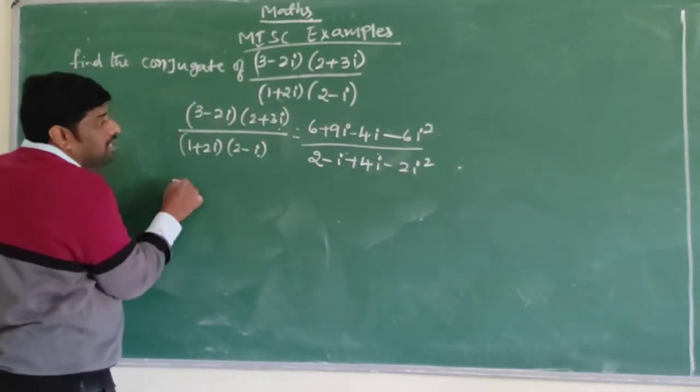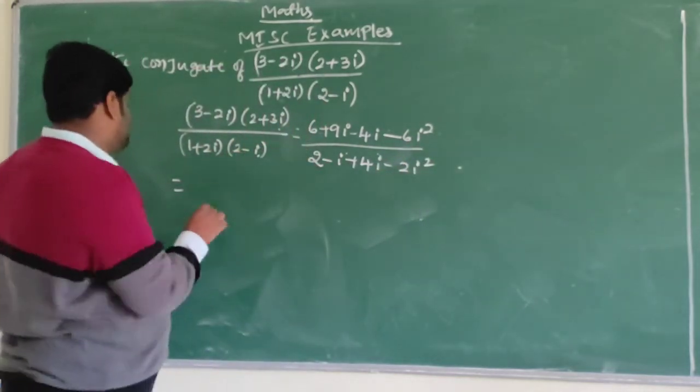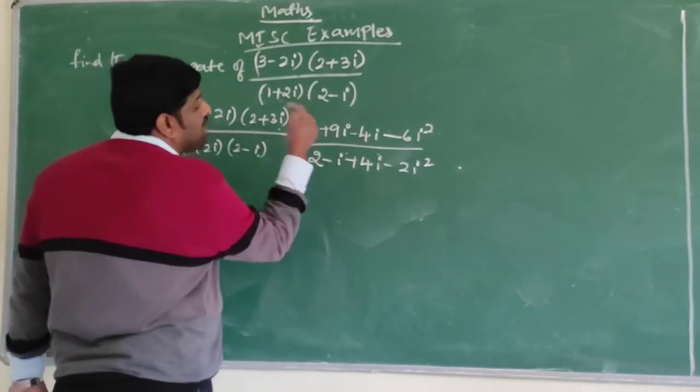And again this can be written as 6, 9i minus 4i.